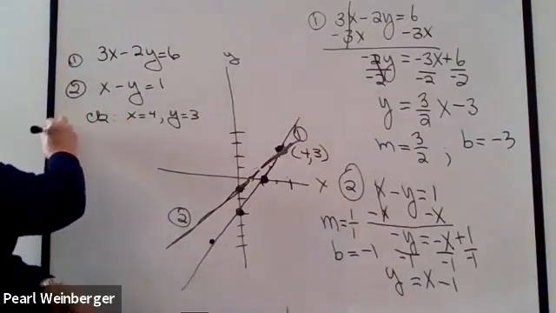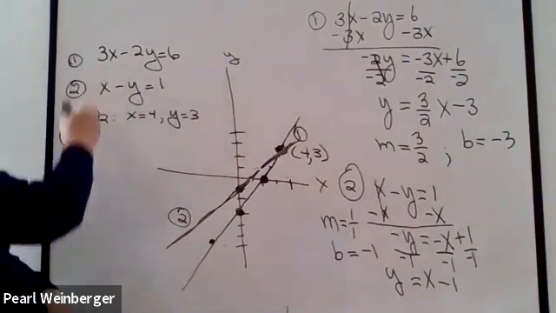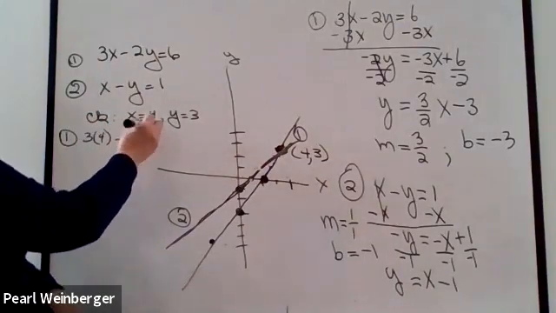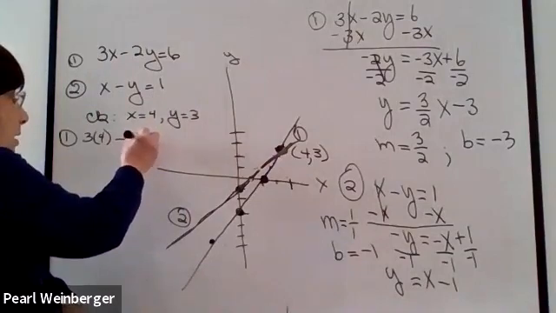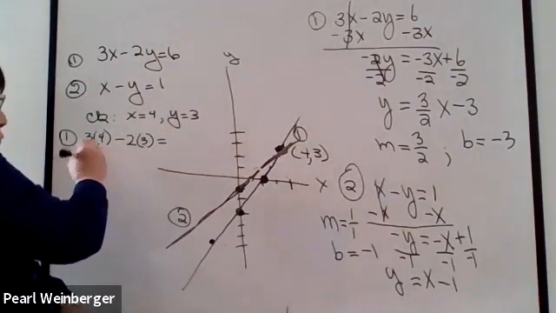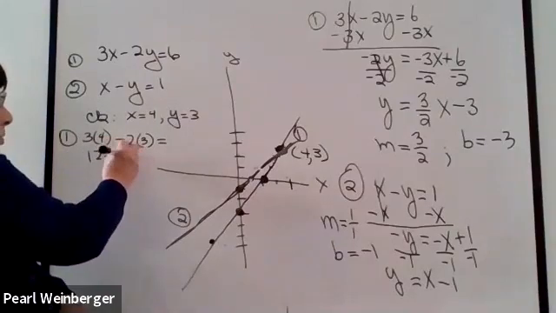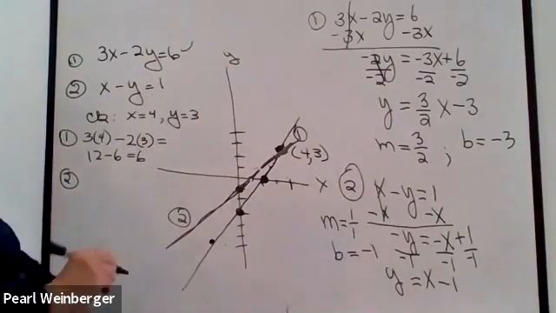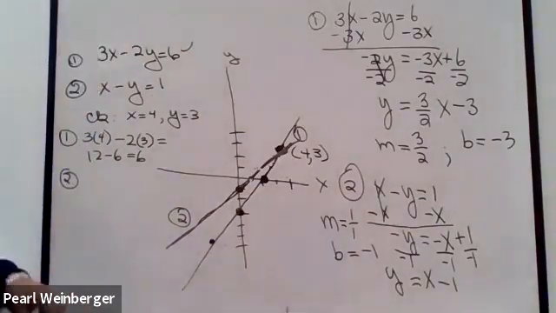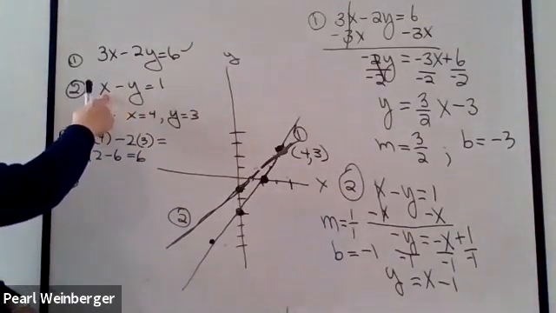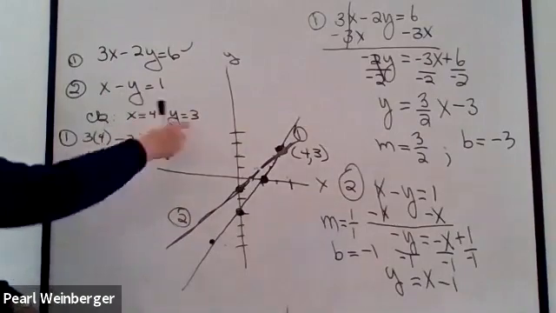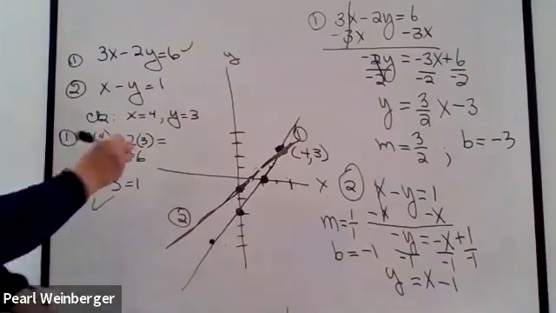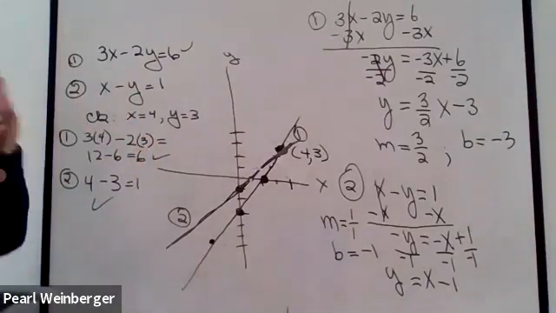So checking in equation number 1, replacing the x with 4 and the y with 3, I get 3 times 4 minus 2 times 3, which gives me 12 minus 6, which is 6. So that checks. And checking it in number 2, I again replace the x with 4 and the y with 3, and I get 4 minus 3 is 1, so that also checks.